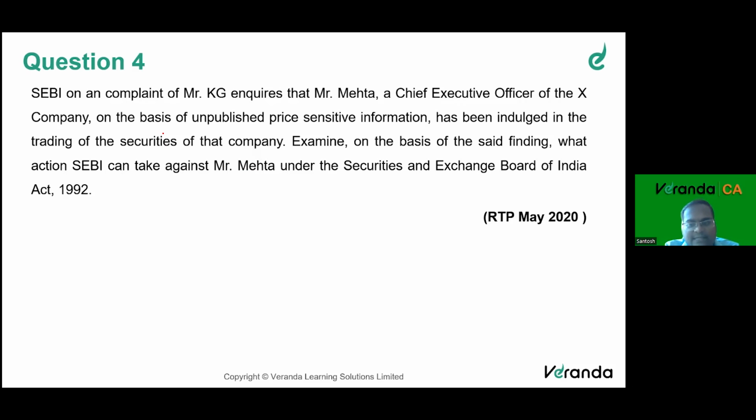UPSI, unpublished price sensitive information, is one of the most dangerous things, I would say, that anybody can indulge in in a stock market, given that UPSI can literally damage the markets, literally can take all of the efforts of the innocent shareholders for a ride.